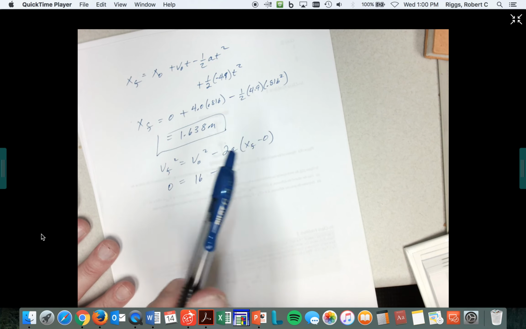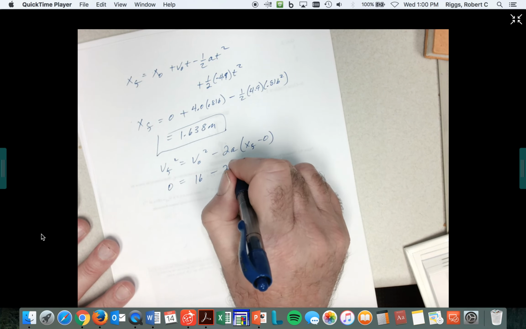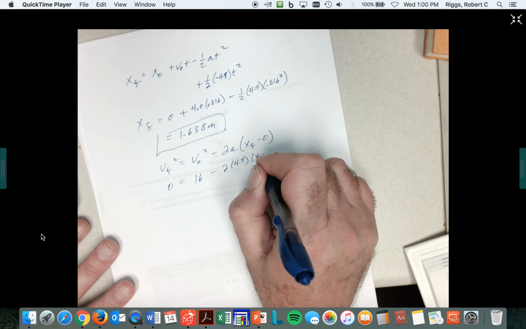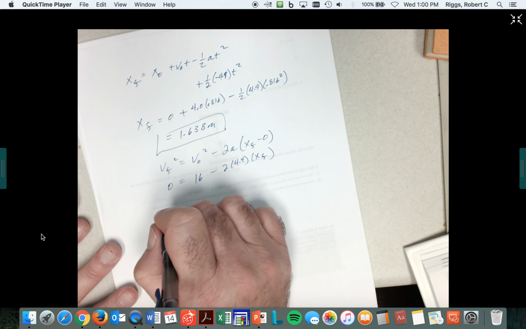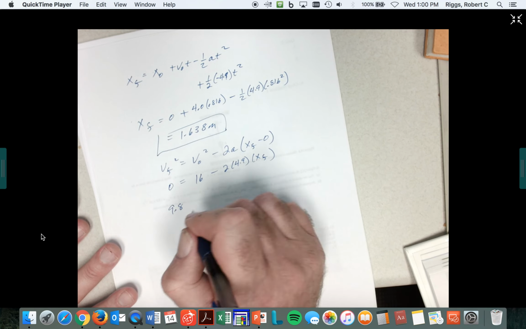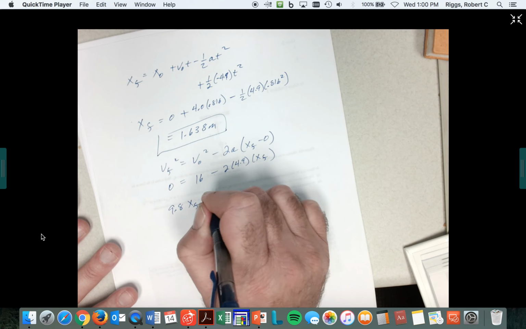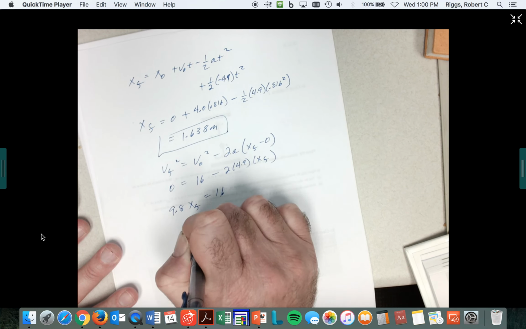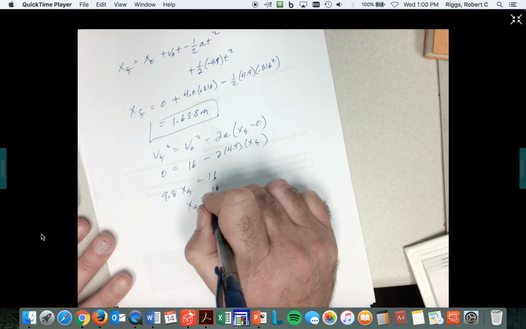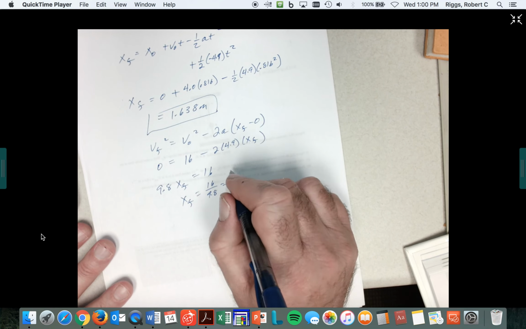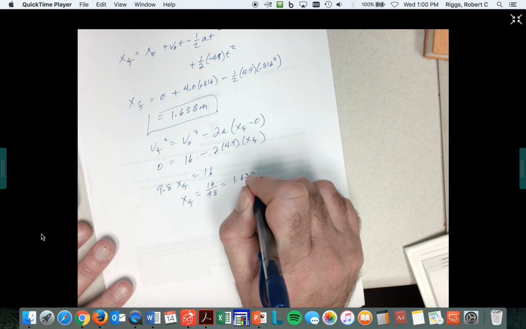So I've got 4 squared, which is 16, minus 2 times 4.9 times x final, because x naught is 0. So 9.8 times x final equals 16. So x final equals 16 over 9.8, and we can see that's almost divided by 10, so it comes out to be 1.638 meters.